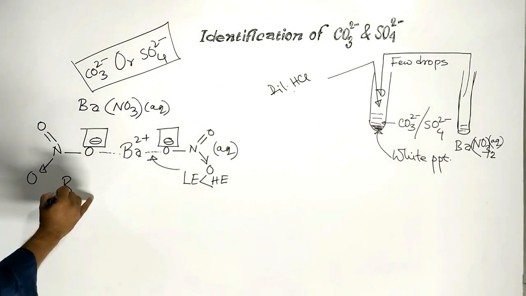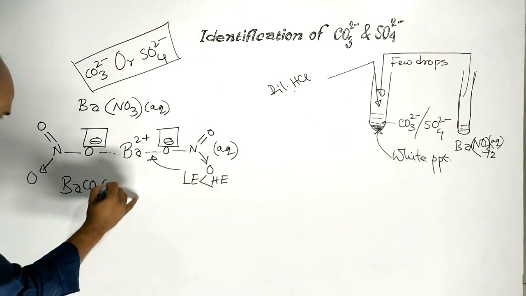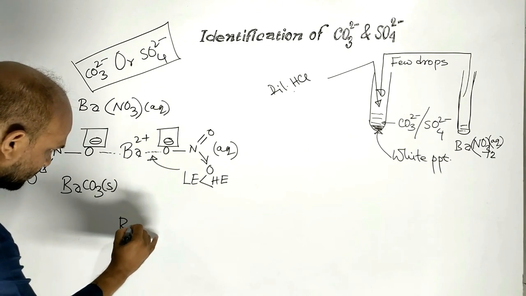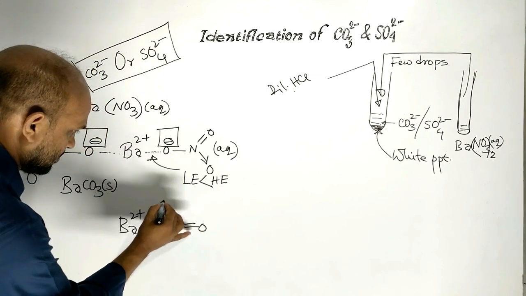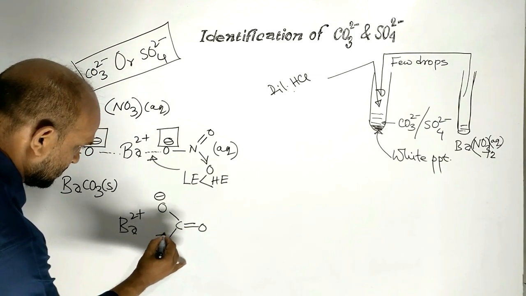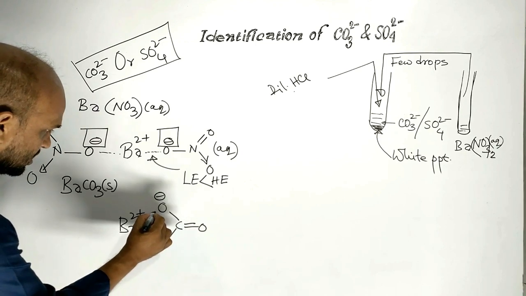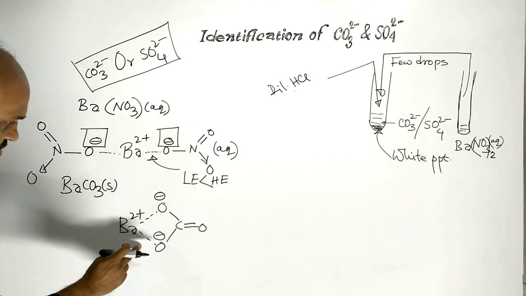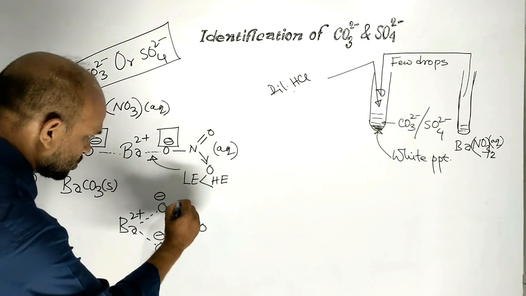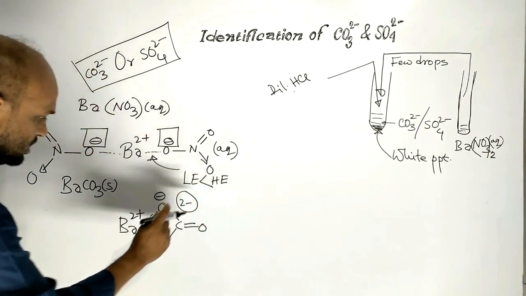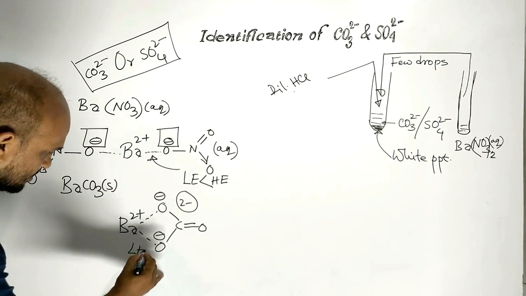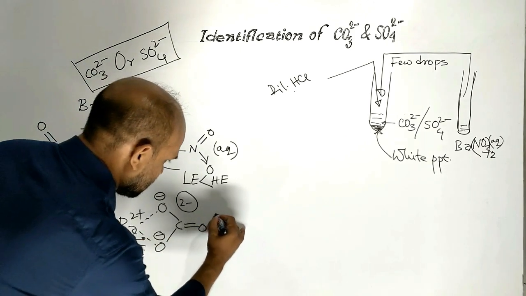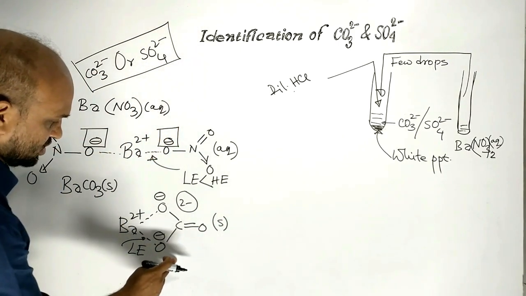But in case of barium carbonate, let us see the structure formula of barium carbonate. This is barium carbonate. Here, strong lattice energy. Carbonate contains 2- charge. So, in this case, strong lattice energy gets created. Because of this strong lattice energy, this is insoluble in water.